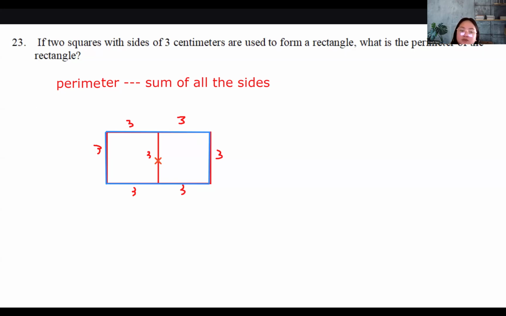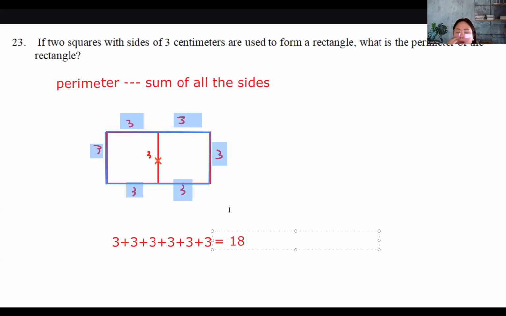That is 1, 2, 3, 4, 5, 6. 6 threes. So which threes are included? This, this, this, this, this, and this. The inside line is not included in the perimeter. So if you add all of that, that is going to be 18. And that is the answer.